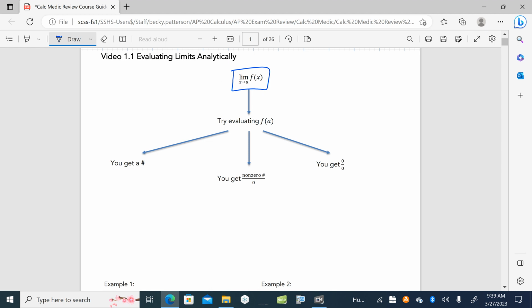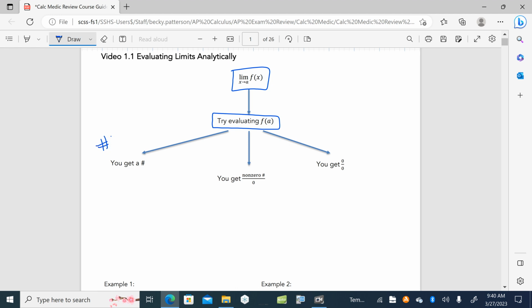The first option that you're going to always try is to try to just evaluate f of a. Sometimes it's just a super straightforward plug a value in and you can evaluate that limit because it doesn't have any issues. When you do that, one of three things is going to happen.